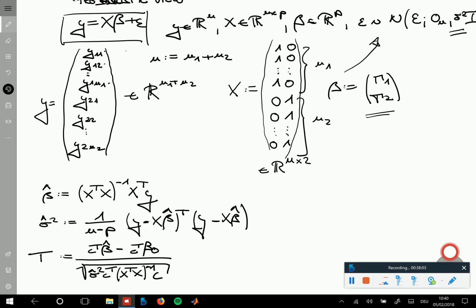So it's fairly close to the case where there's only one column of ones, like we see for the one-sample t-test. And remember, for the one-sample t-test, we explicitly computed the beta estimate, the variance estimate and the t-value, and recovered the formulas for the one-sample t-test. Exactly the same thing can be done for the two-sample t-test.